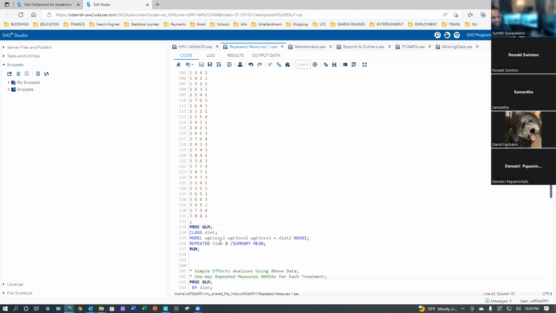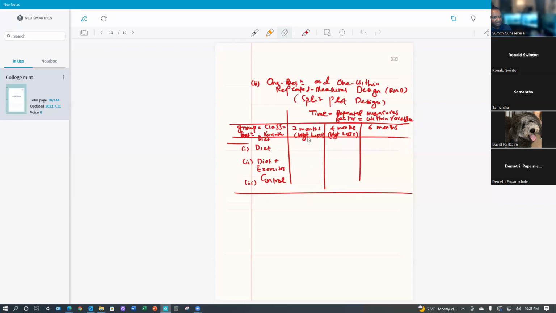Then we're going to write this out. For each diet, let's say that we have 12 people. So those 12 people are going to have 12, 12, 12 for the first diet, and the same for the other diets.